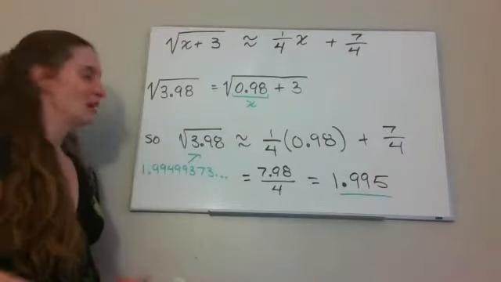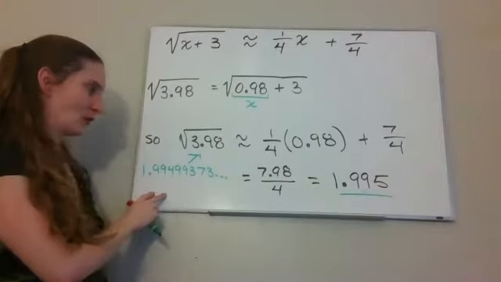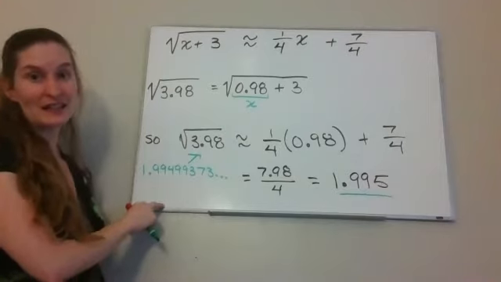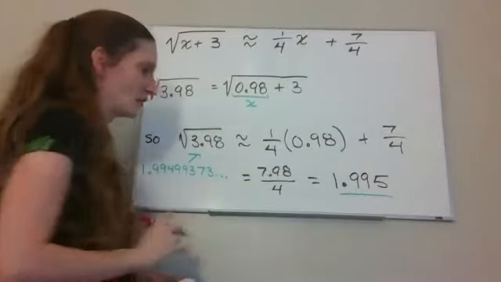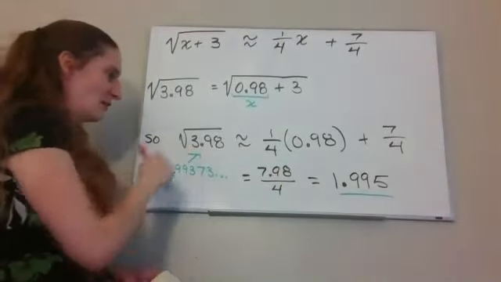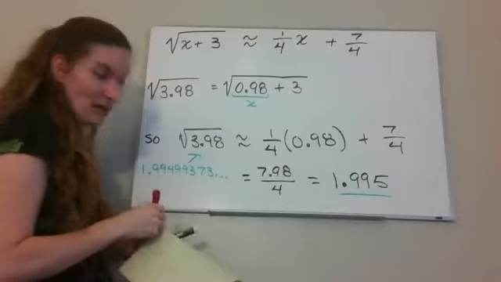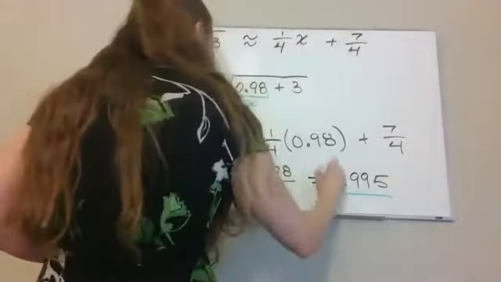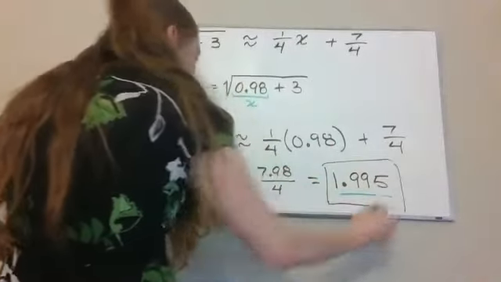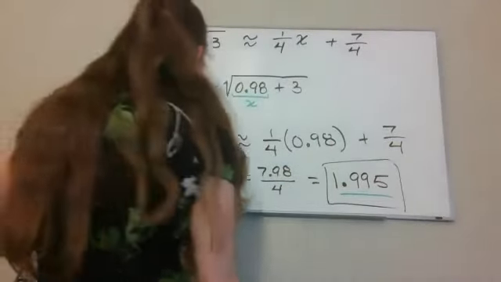No, it's not. But is it very, very close to what my calculator says? Yes. And it was something we were able to calculate. You can do this calculation by hand. You might not be able to do this one by hand, but I know I can. It's a pretty accurate approximation.